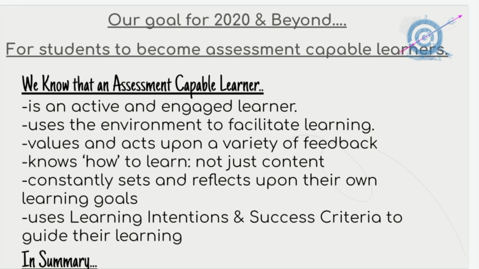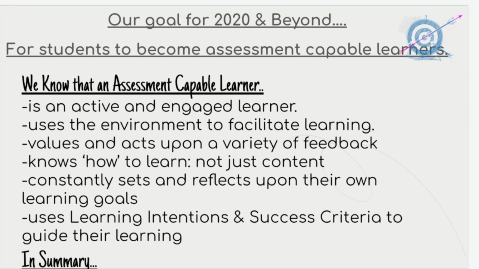Assessment capable learners value and act upon a variety of feedback. They see feedback as learning, they see challenges as learning, and they see mistakes as learning as well. They constantly set and reflect upon their own learning goals, and they use learning intentions and success criteria to guide their learning.